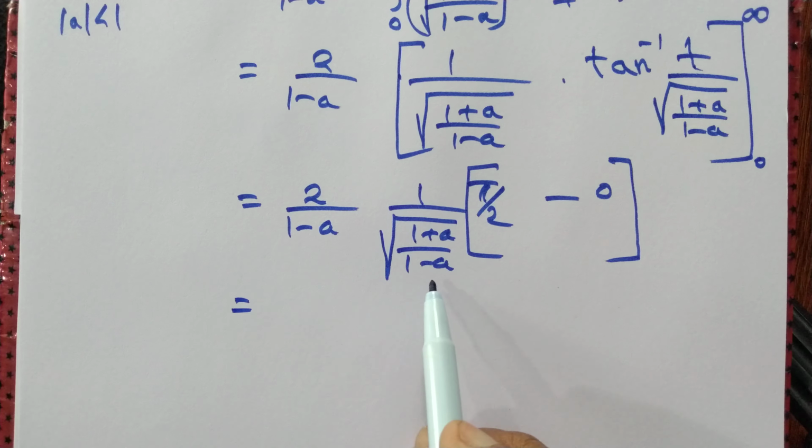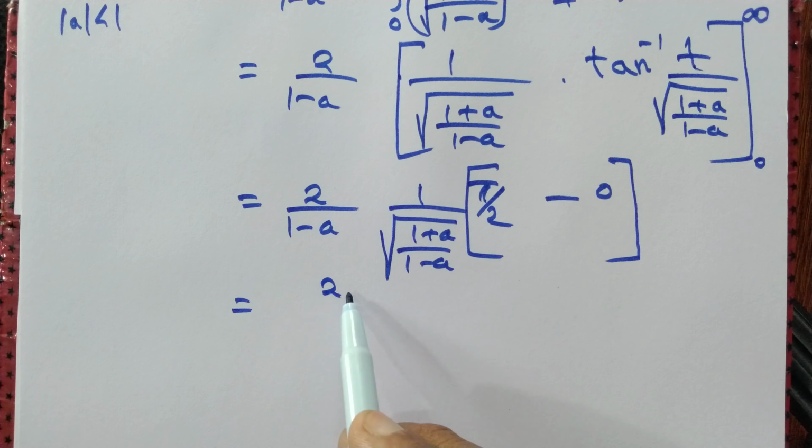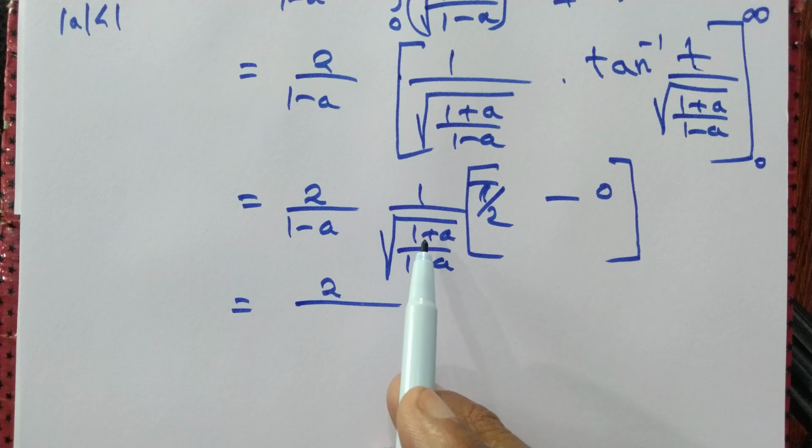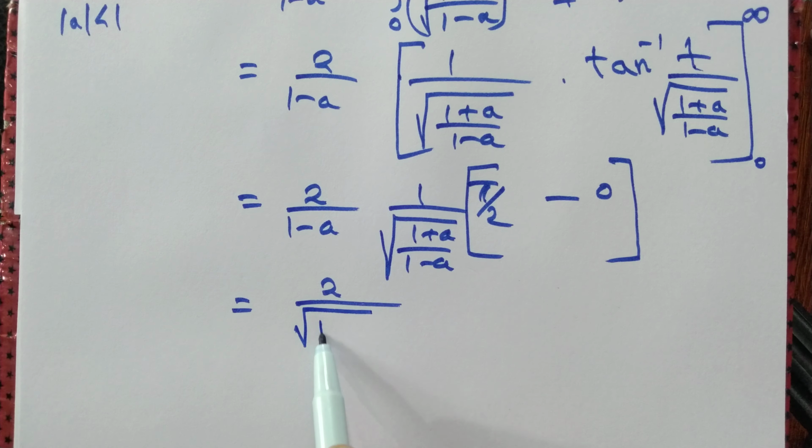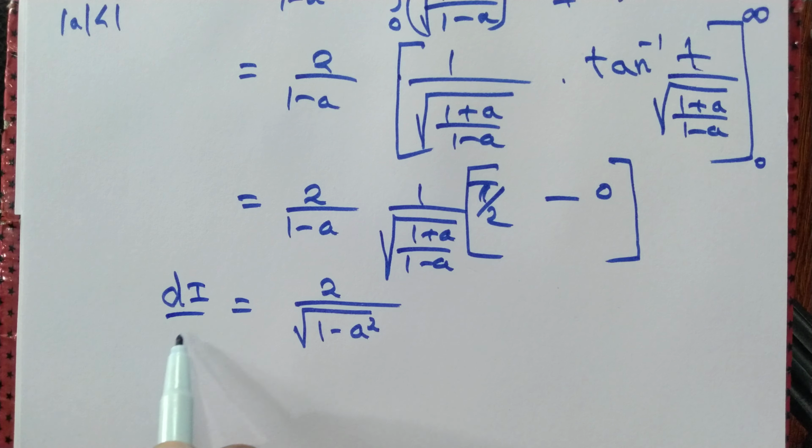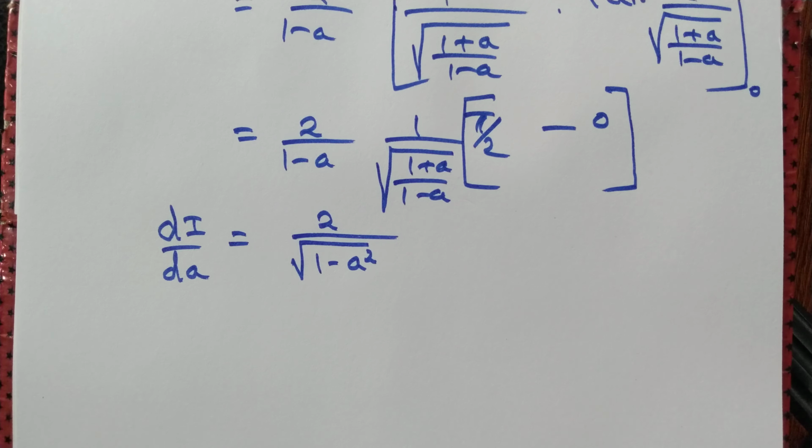Now we can cancel root of 1 - a, and we are left with root of 1 - a times root of 1 + a, that is root of 1 - a². So we get dI/da equal to 2/root of (1 - a²).